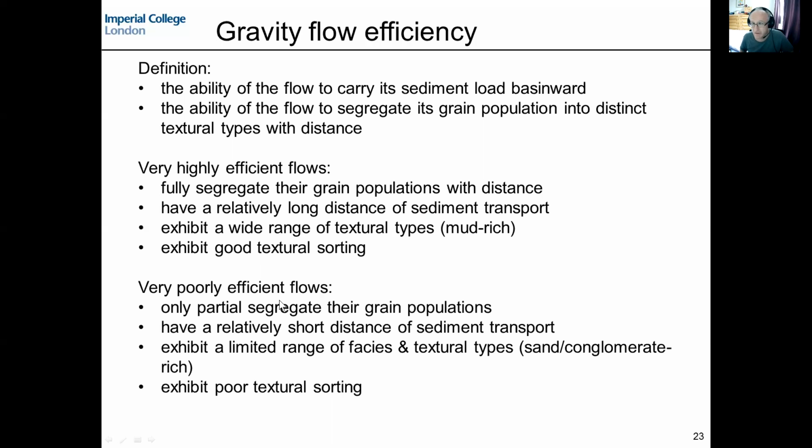Inefficient flows tend to be those which are very sandy or conglomerate-rich. They only travel short distances. We have less potential to sort the sediment, so the sediment tends to be poorly sorted.